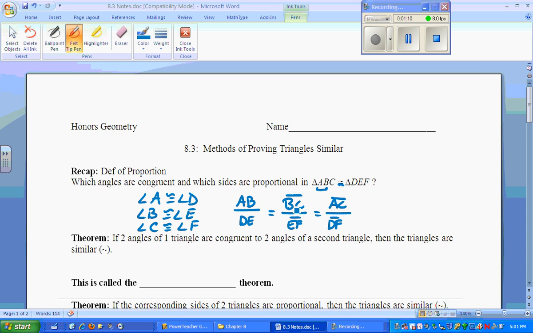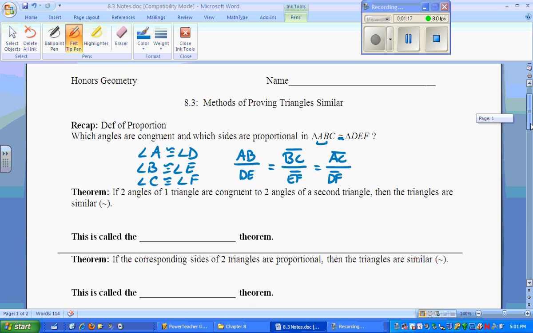As long as the ratios simplify to the same thing, the two triangles will be similar to each other.